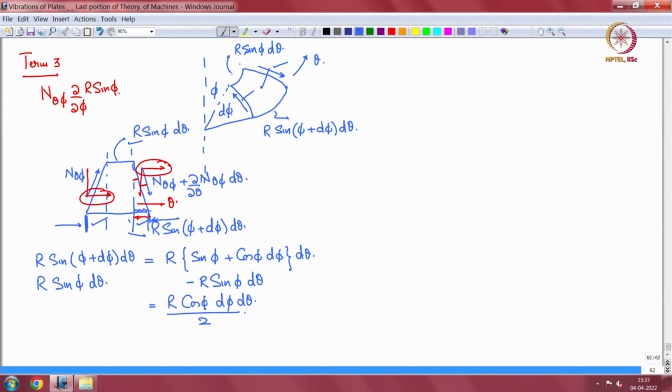If I divide by this length, which is r d phi, that is now equal to tan alpha. Okay, tan of this small angle, and for small value, so let us see what that is. That is r d phi, so it's cos phi d theta by 2.